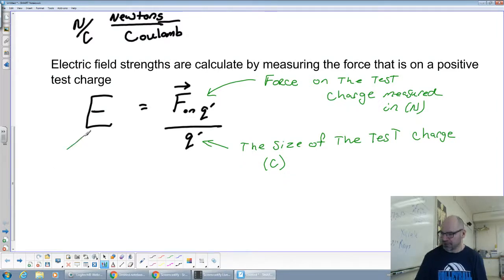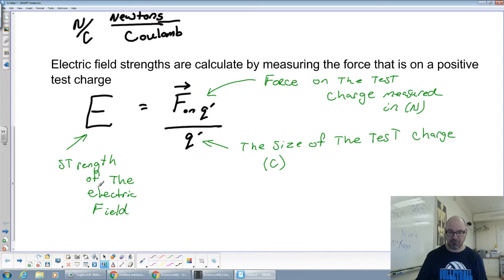And this represents the strength of the electric field that's generated, and that's going to be measured in newtons per coulomb, based on what we have over here.